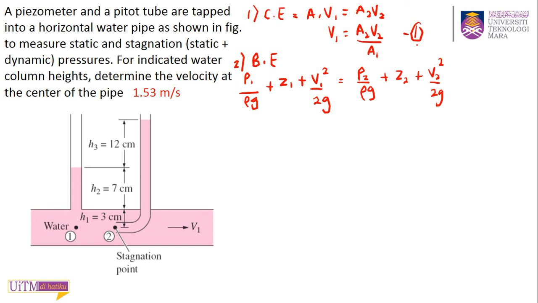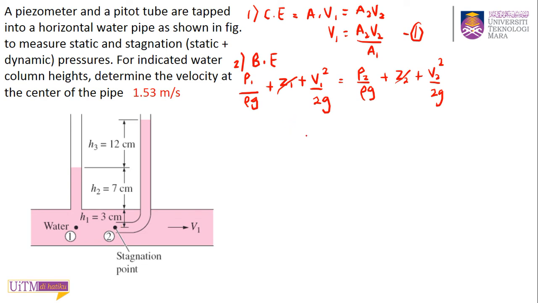Okay, can you tell me what term is 0 and what term that we can cancel out? In your Bernoulli equation, huh? Z. Z1 and Z2 can be cancelled out because it's the same. Okay, what else? Kat stagnation point tu velocity dia 0.